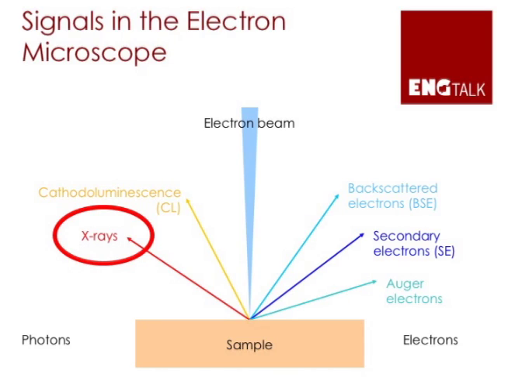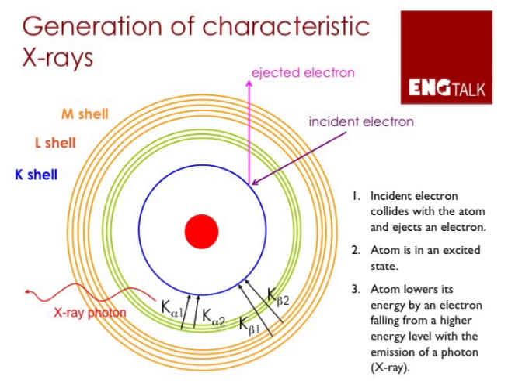The last signal I'd like to discuss are characteristic X-rays, which are generated from the surface of the sample. These X-rays are created by an inelastic interaction where the incident electron beam ejects an inner shell electron. That leaves the atom in an excited state. The outer shell electrons then trickle down to fill those inner shells, and when they do so, they emit photons.